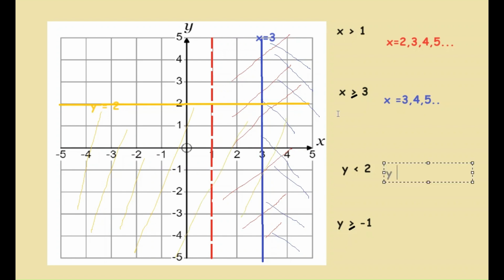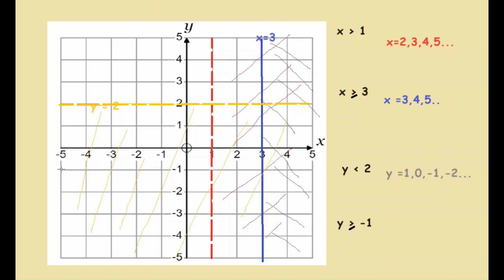y equals 2 is excluded because this is a less than, so we have to draw this line dotted. The values are 1, 0, minus 1, minus 2, like that. Then y more than or equal to minus 1.